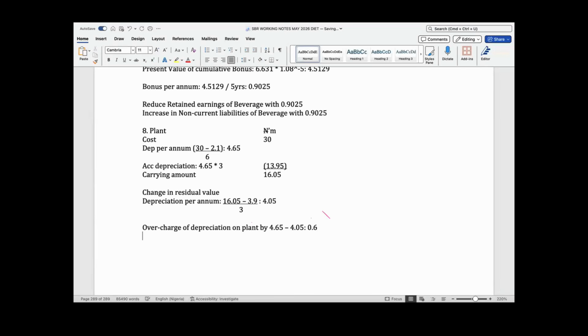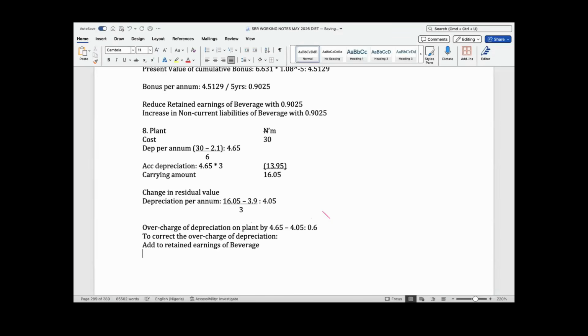So to correct the overcharge of depreciation, since I've deducted before, I'm going to add to retained earnings of beverage.